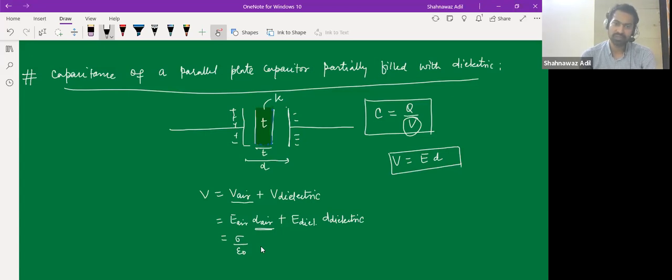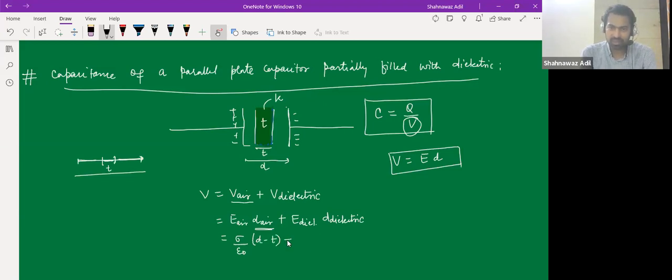How much is this distance? The total is D, and this one is T. So what is left? D minus T. So this is D minus T, right?